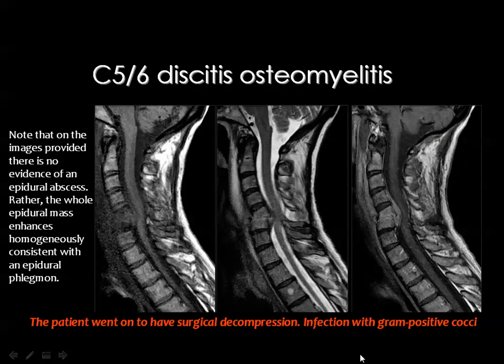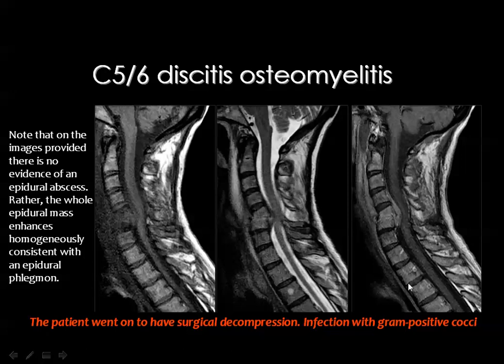This is C5-6 discitis and osteomyelitis, T1 weighted image. C5 and 6 are partially collapsed with destruction of the vertebral end plates and involvement of the disc. Intermediate signal in the T1, a high signal in the T2. And if you look carefully at the prevertebral space, you see a good amount of inflammatory granulation tissue extending above and below the affected disc level, and also inside the spinal canal, and you can see the epidural inflammatory granulation tissue compressing the cord.